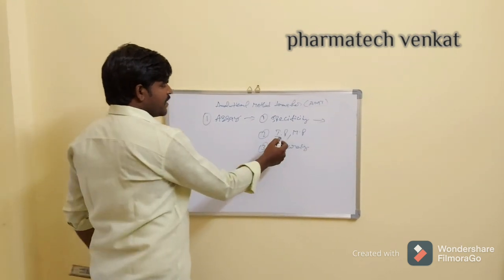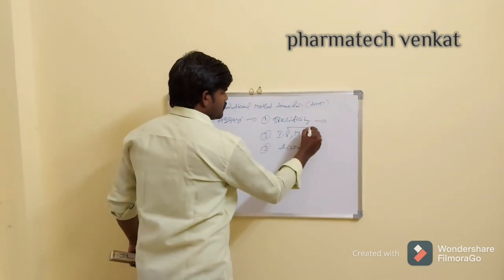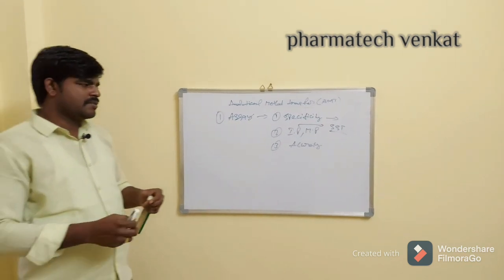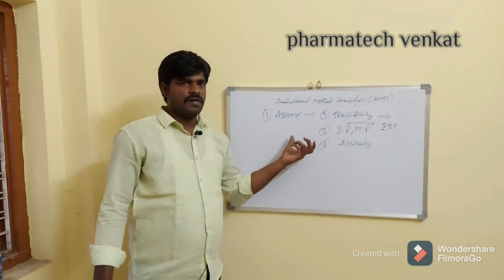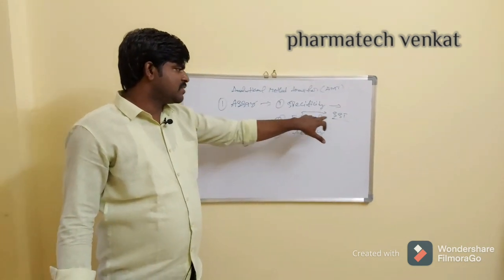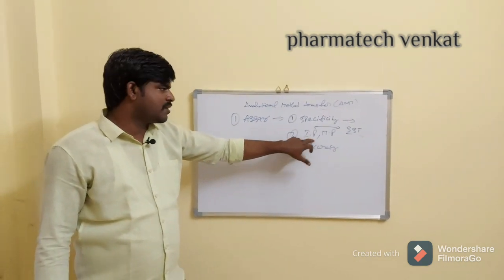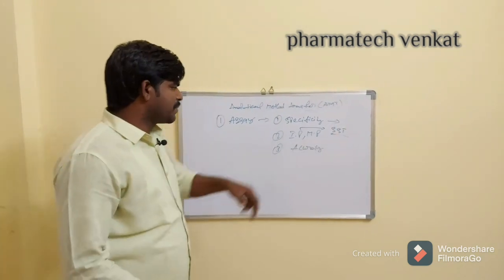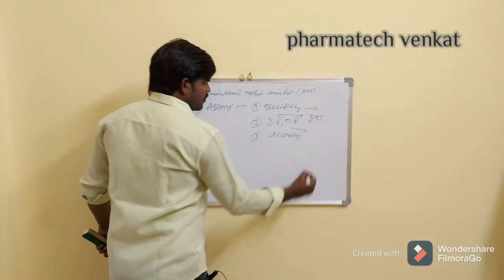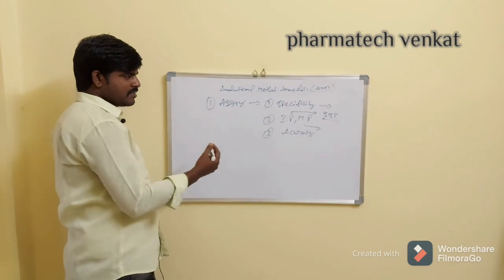Next, coming to instrument precision and method precision. Instrument precision we consider with system suitability. If you inject 6 replicate standard injections, the percentage RSD should be not more than 2%. If the basic system suitability criteria is achieved, then your instrument is precise and you can use it. Instrument precision comes under this SST parameter. Method precision means whether the method is producing accurate results, whether we are precisely producing the same results or not.